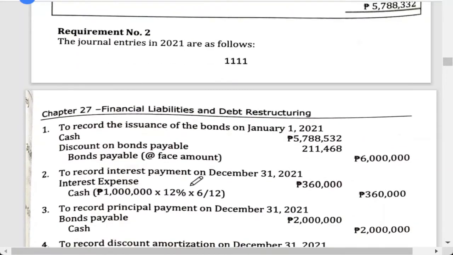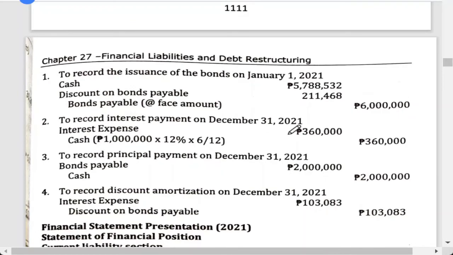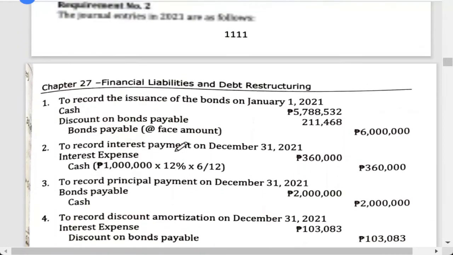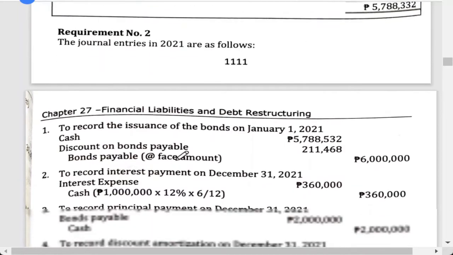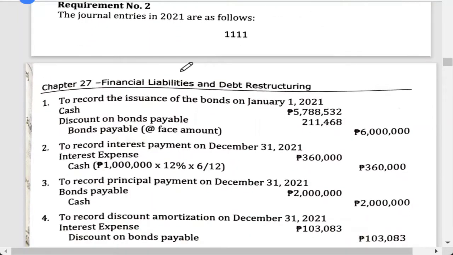To record the interest payment, debit interest expense and credit cash. That's 6 million times 6%, so that's 360,000. To record the payment of the first installment, debit bonds payable, 2 million, and credit cash.